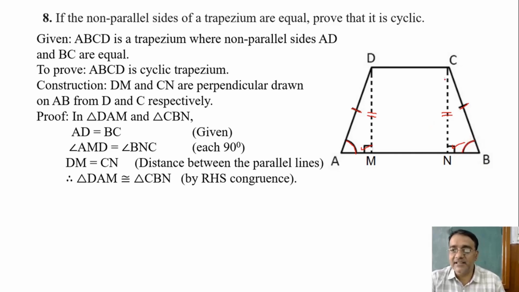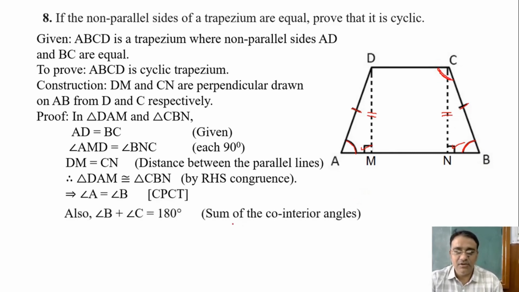Right? Now angle B plus angle C is equal to 180 degrees. Why? Co-interior angles. Very good. So what we will do, we will replace angle B by angle A here.